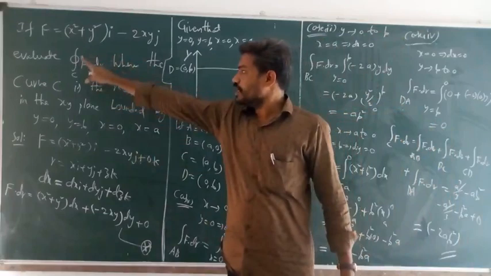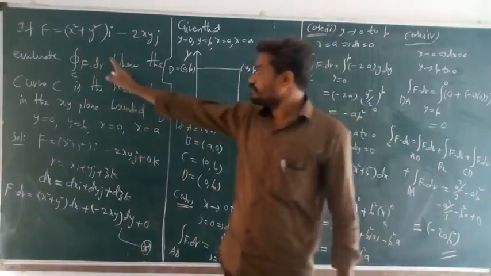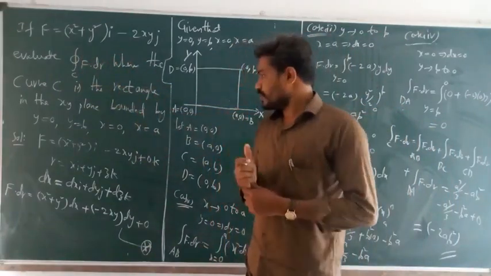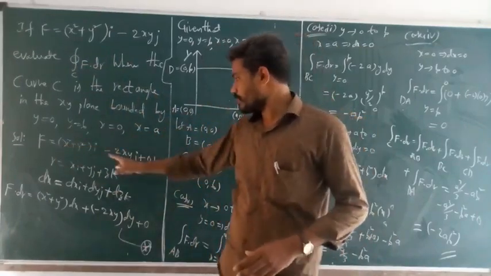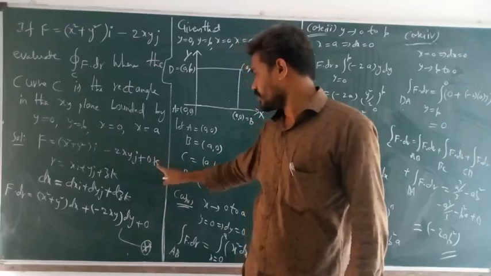You can conduct the line integration. First we take the F term: F = (x² + y²) i minus 2xy j plus 0 k.